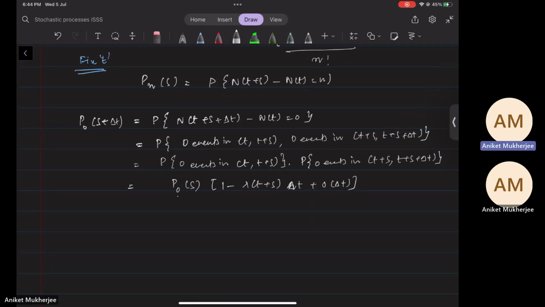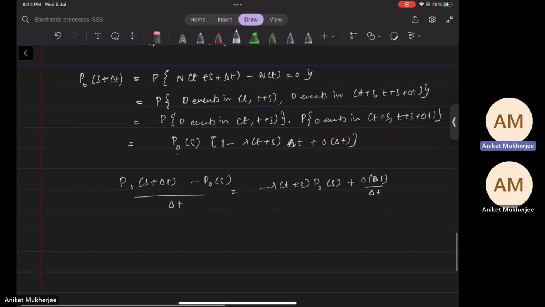Now you rearrange the terms and you get (P_0(s + Δt) − P_0(s))/Δt equal to minus λ(t + s) times the probability of zero events in an interval s after t, plus o(Δt)/Δt.